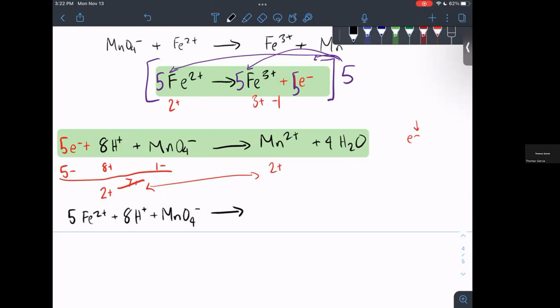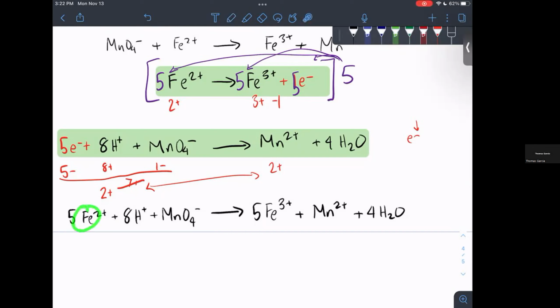Going back to the top, I have 5Fe3 plus on the right because of our oxidation reaction, plus Mn2 plus, plus 4H2O. And that is how I get our full balanced equation. That's how you can just pull it out. And to make sure it's fully balanced, we can actually check every single part of it. And that's what we'll do right before we finish this.